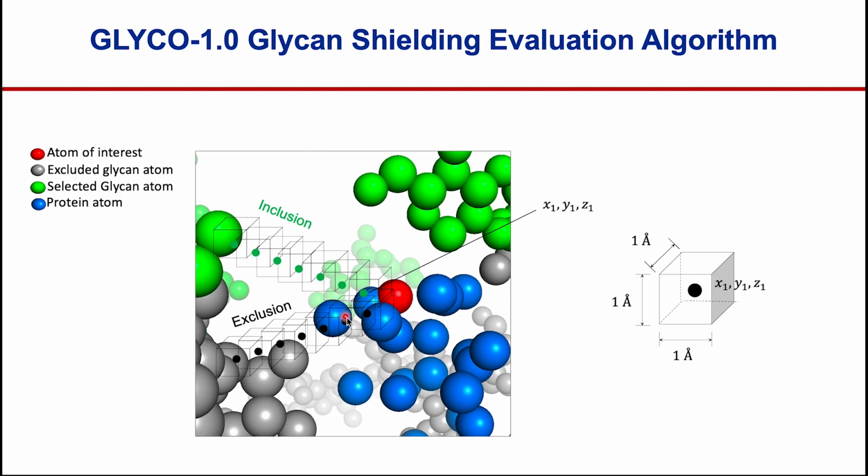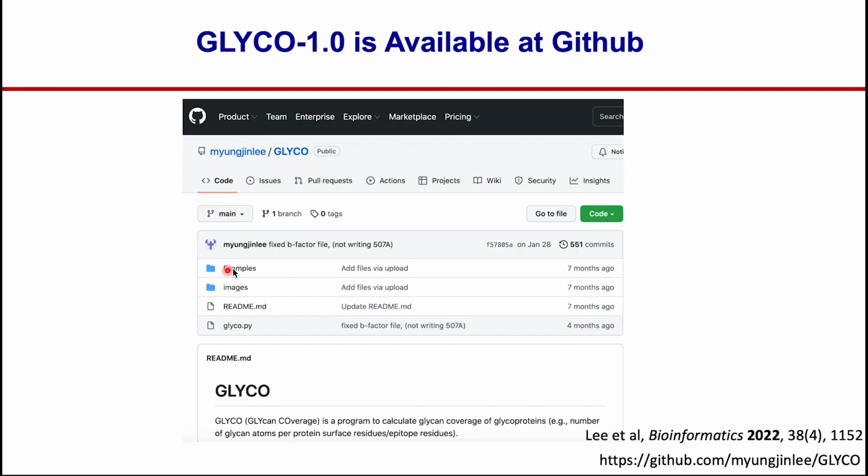It checks if any protein coordinate is inside of a cubic box. This vector line has some protein atoms within the cubic box, so it will be excluded, but this glycan will be included in the calculation. GLYCO 1.0 is available at GitHub. This is the link of the GitHub, and it was published in Bioinformatics this year. If anyone wants to run the GLYCO program, you can freely download the script and then run your glycosylated protein.